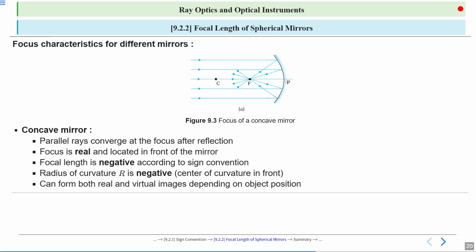When the object is placed at infinity, when the object is placed beyond C, means at some point here beyond C. Second case, when the object is placed at C, when the object is placed between F and C, and when the object is placed at F. These are 5 cases for which the image will be real and inverted. Now, when the object is placed between the pole and the focus, then the image will be virtual. So this concave mirror can form both real and virtual images depending on the object position.